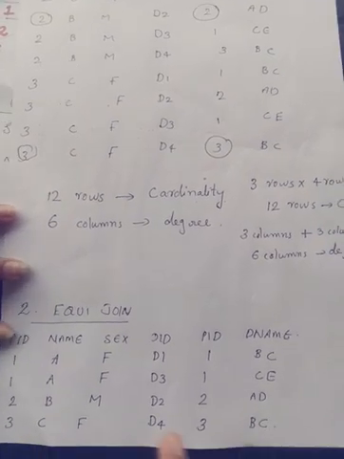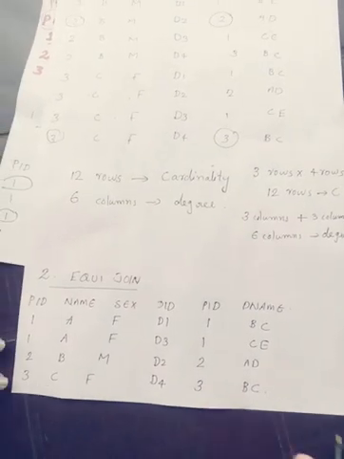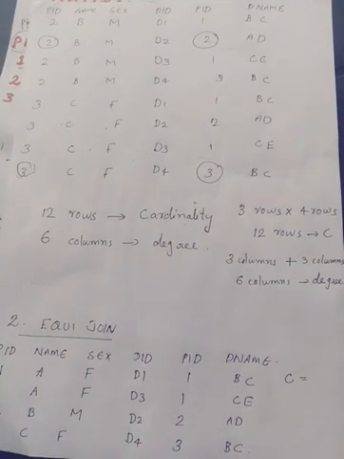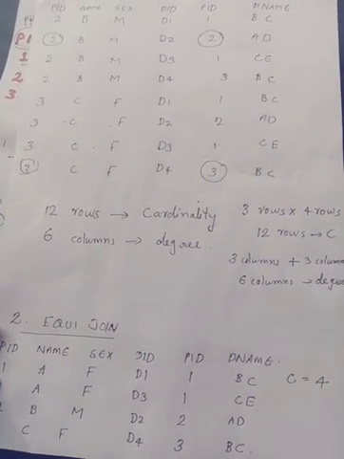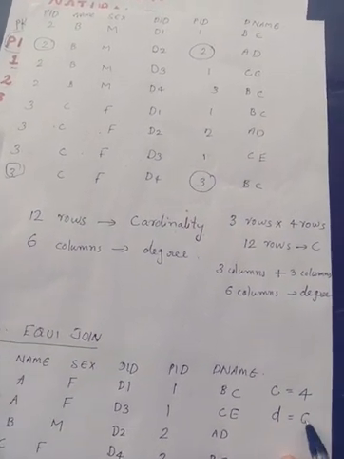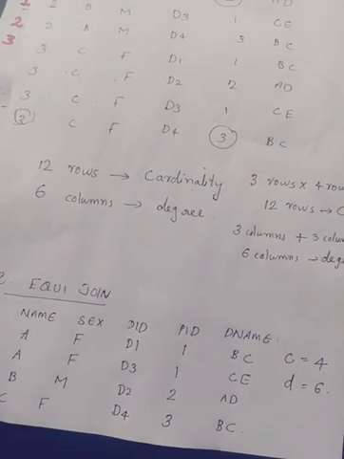So this is your result of equijoin. Its cardinality means how many rows: here 4 rows are there. Degree means how many columns: here 6 columns are there. This is the result of equijoin.